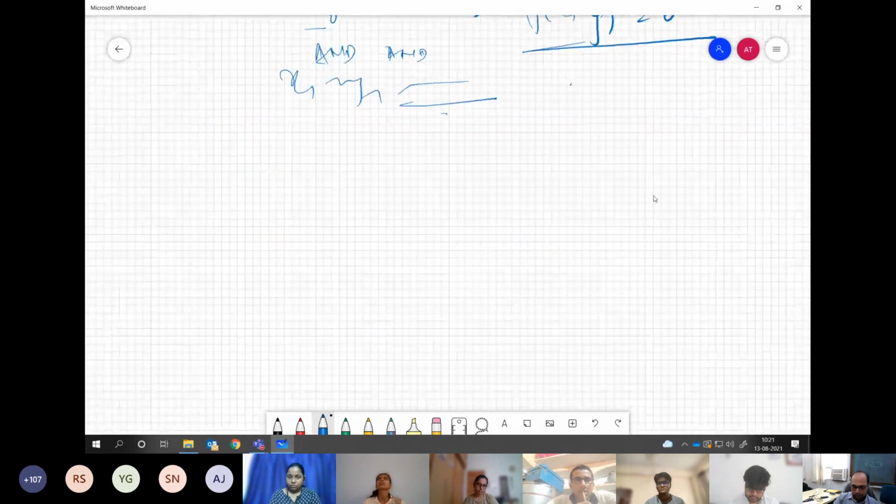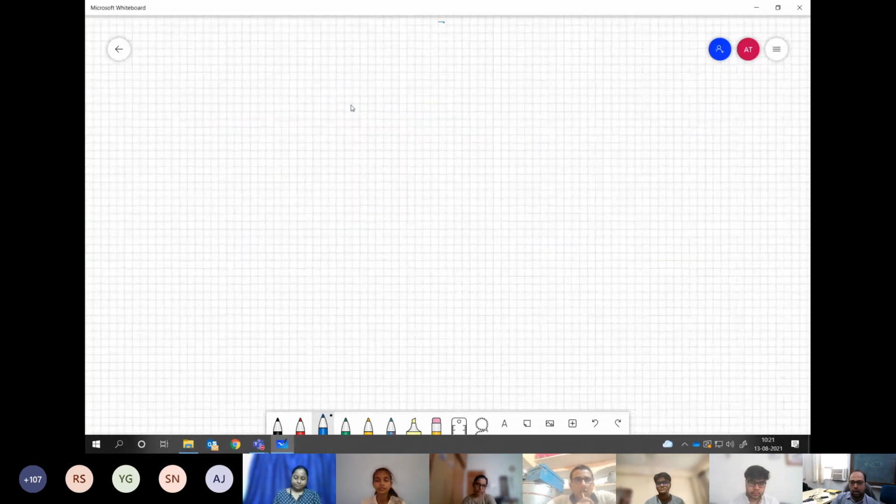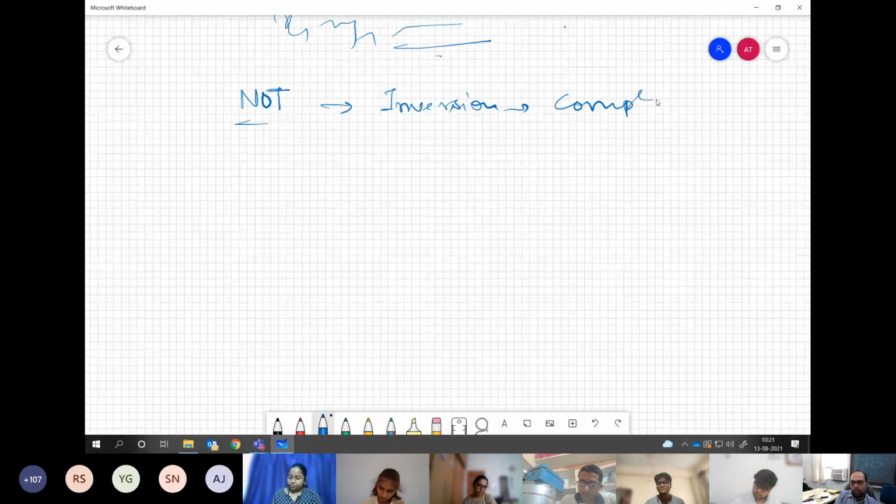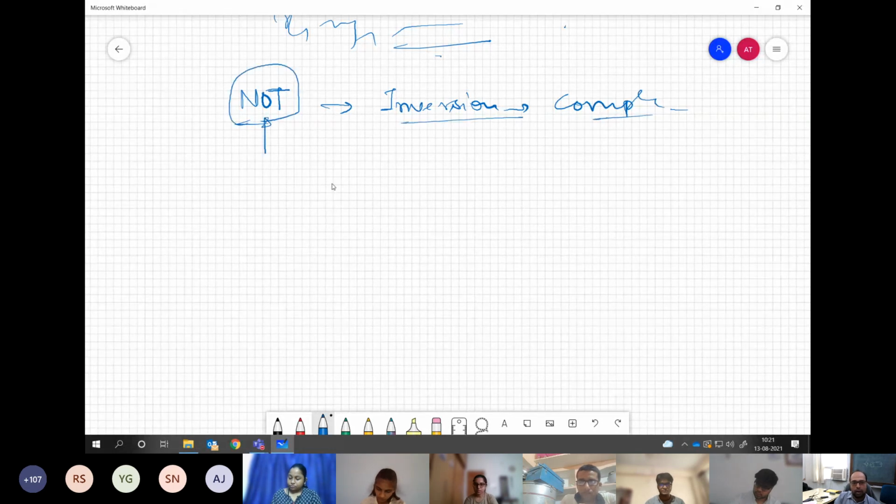Now, the third operation, which is for a single variable or single input, is called NOT, or sometimes it's called inversion or complementary. All these names we can give, but the most popular name given is NOT.